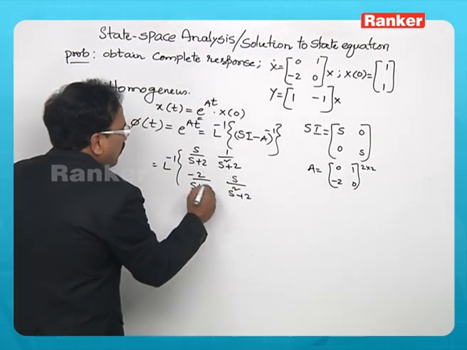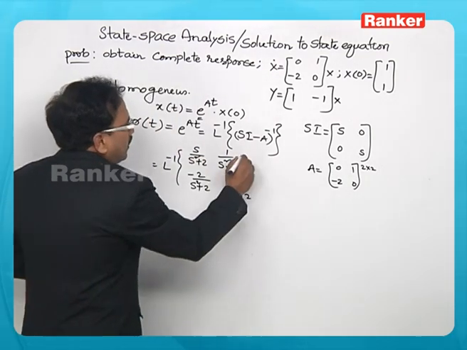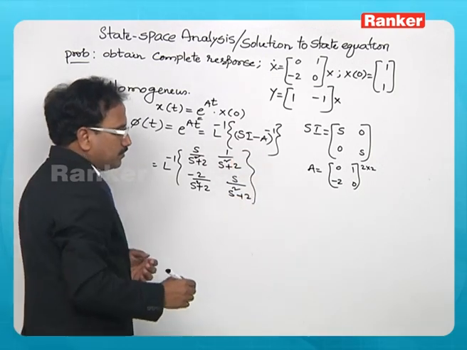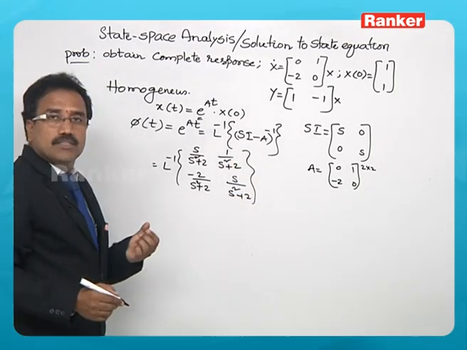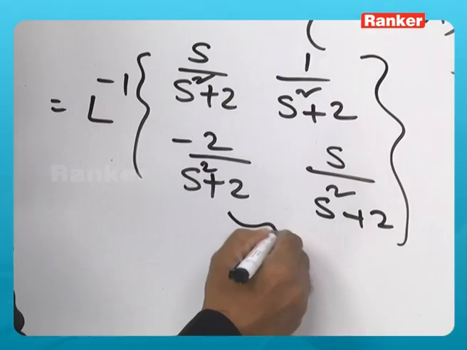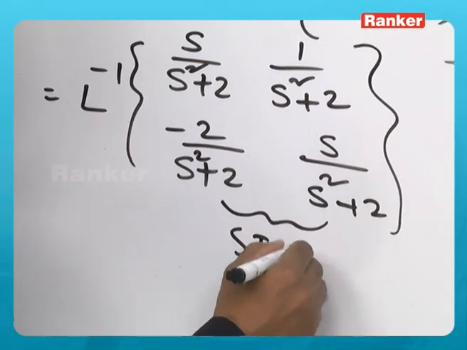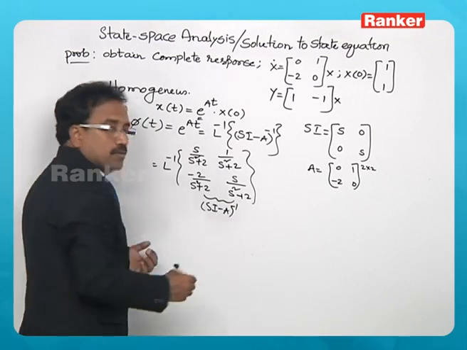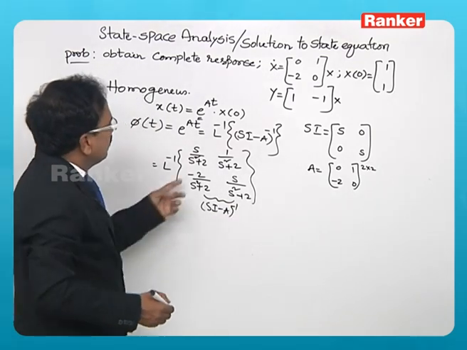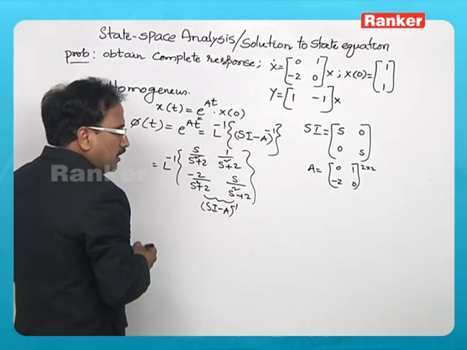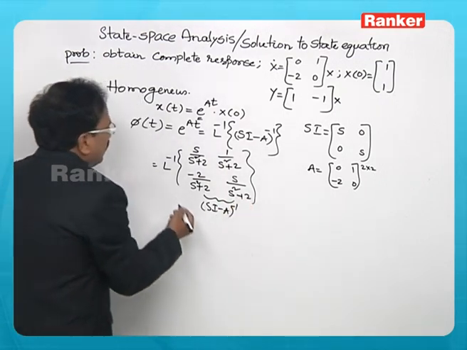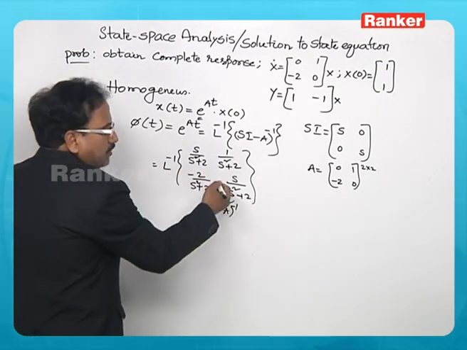The denominator is the same for all the terms, because this part is sI minus A and then its inverse, which is why you have the same denominator for all the terms. Now you need the Laplace inverse of each and every term.